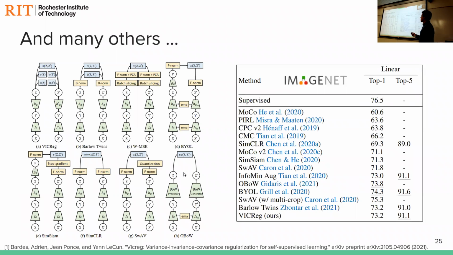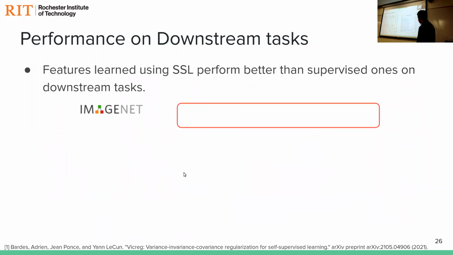And there are many others. I won't go over all of them, but what I can say here is that in this linear evaluation setting on ImageNet, all of these methods still perform either lower or similar to SwAV if you're using ResNet 50. But all of them come with different flavors, different losses, and they have their advantages and disadvantages.